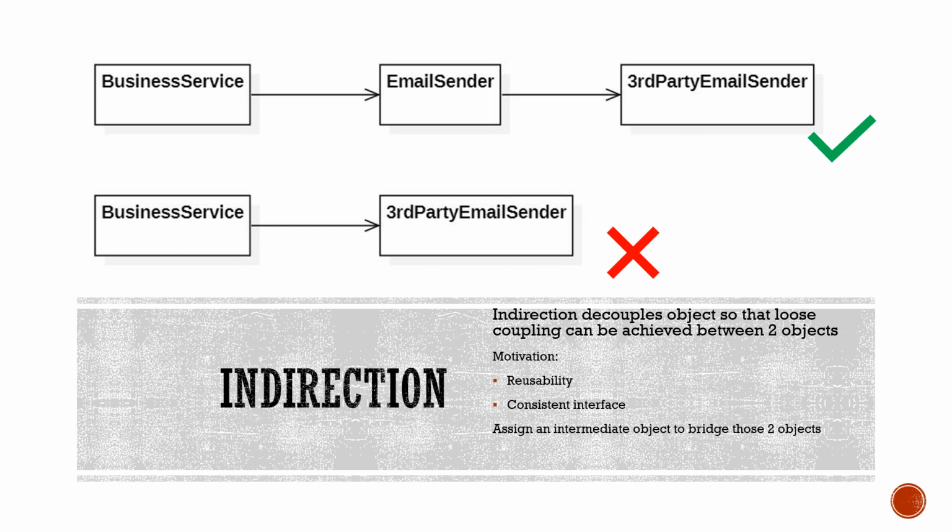We don't want to modify it that often. So we give it a stable interface, the email sender. So if the third-party email sender changes its public interface, only the email sender class needs to change. But the business service can remain as it is.